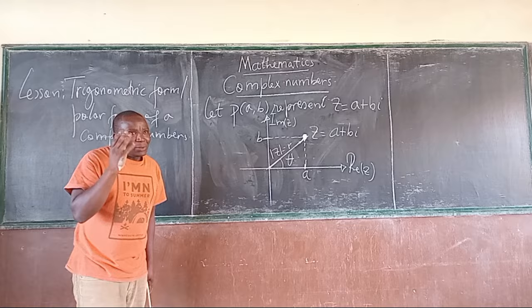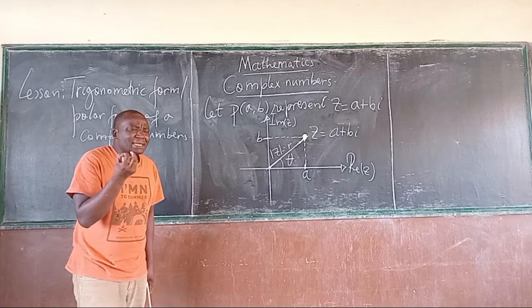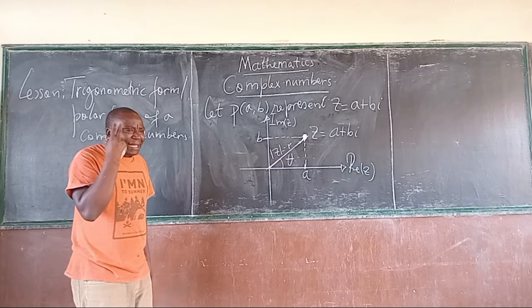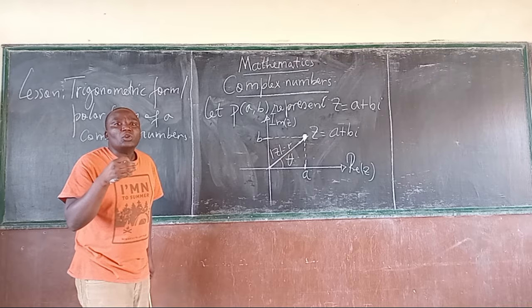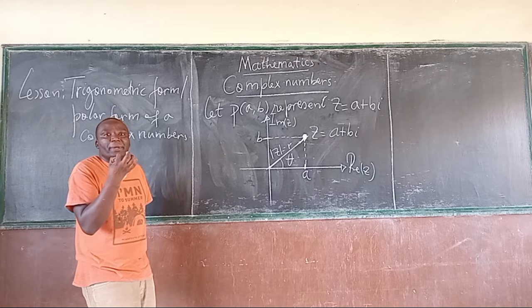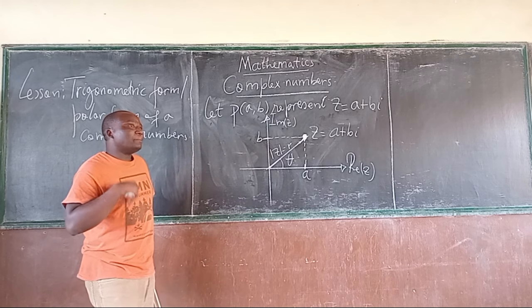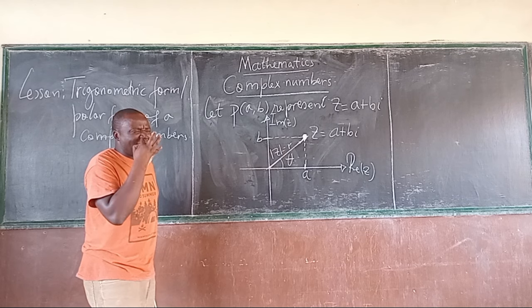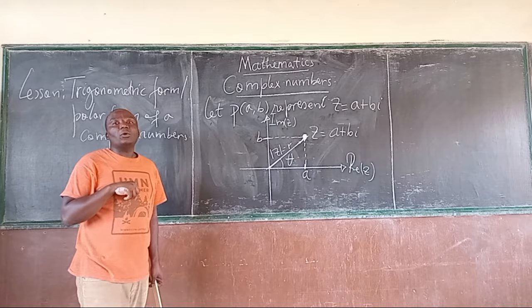Teachers, when you say trigonometric form of complex numbers, understand directly the presence of those trigonometric functions in complex numbers: the presence of cosine of an angle, the presence of sine of an angle in writing complex numbers.